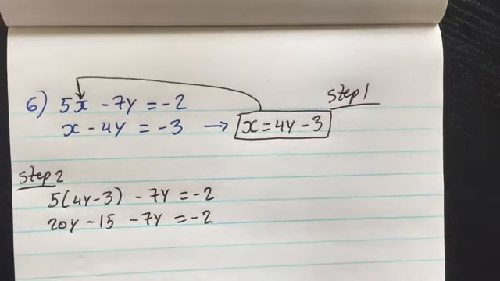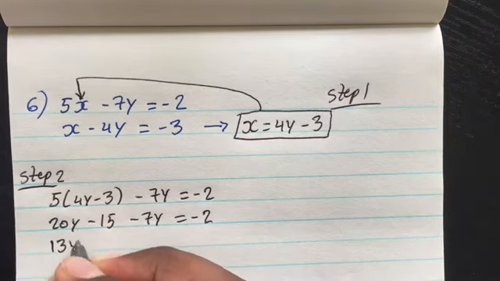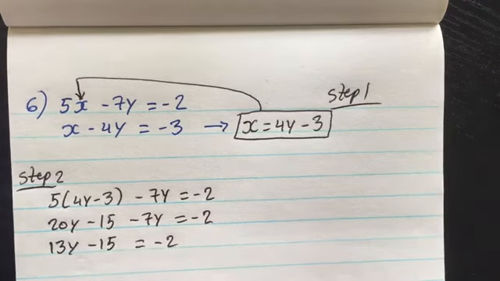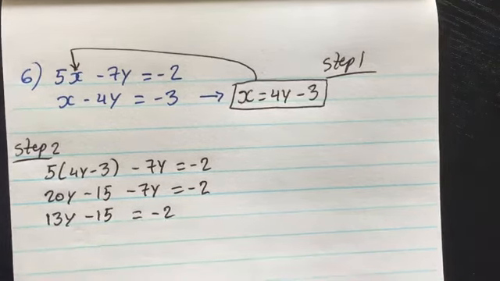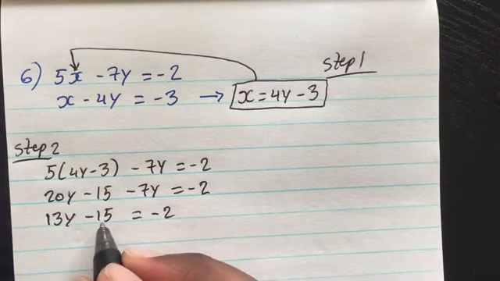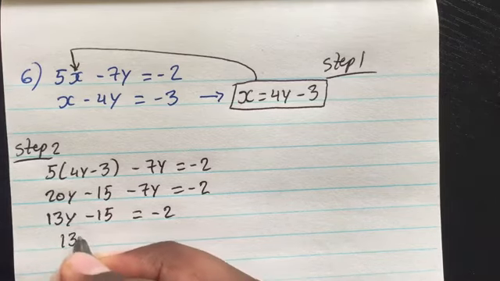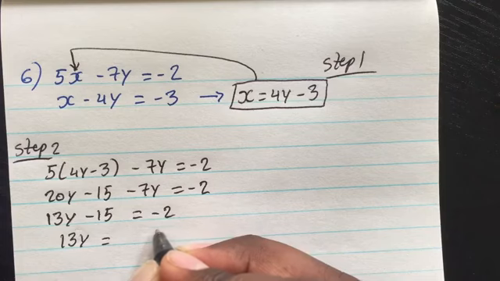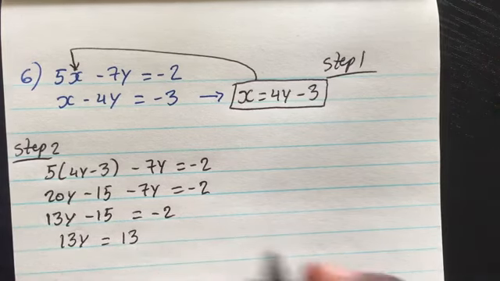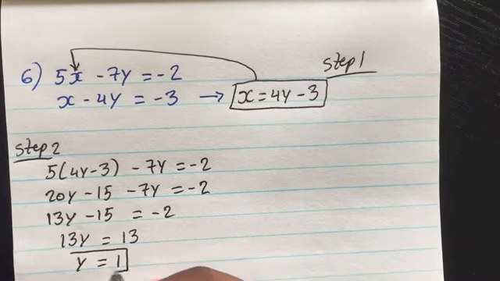Combine the like terms. 20y minus 7y makes 13y minus 15 equals negative 2. Now do the inverse. You're subtracting 15, so the inverse of subtraction is addition. So plus 15 to both sides. You get 13y equals negative 2 plus 15, which is 13. So if you divide by 13, you get y equals positive 1.